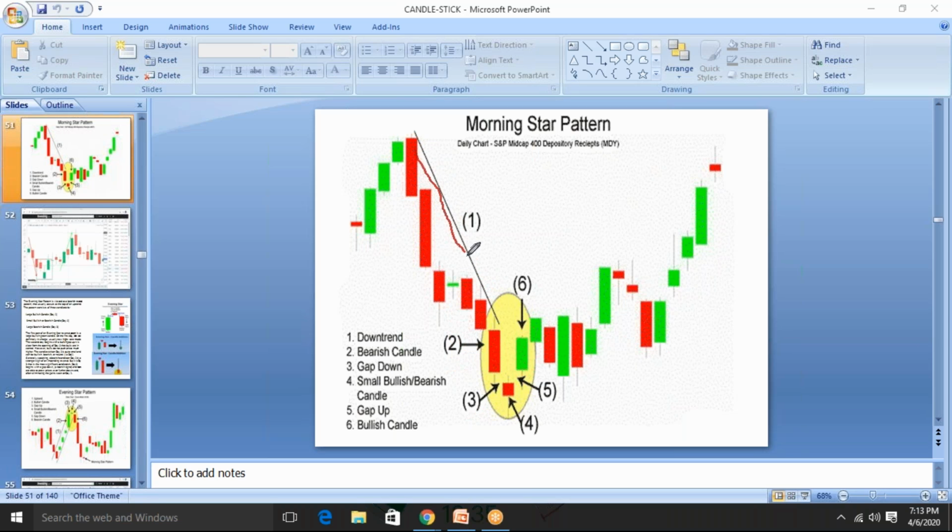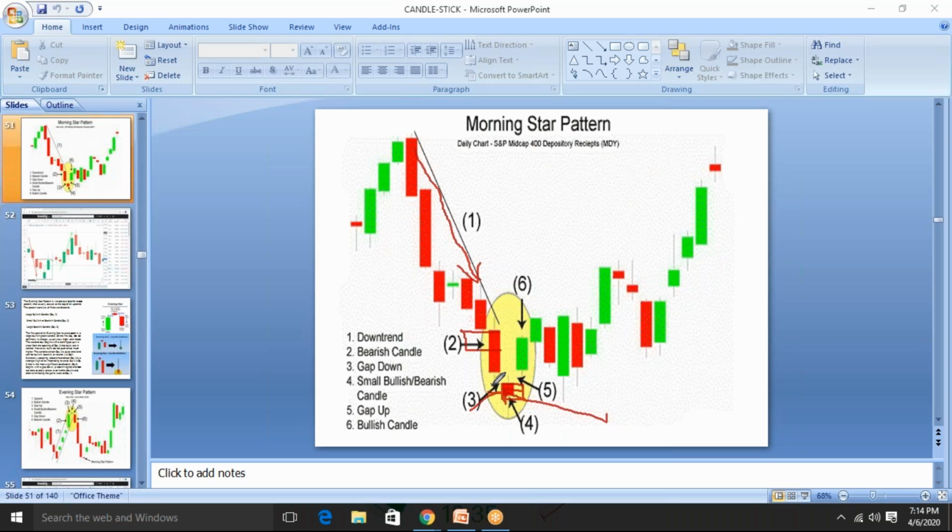There should be a downtrend in the market, first condition. Second condition, a bearish candle. Third condition, there should be one small candle. The color can be either green or red. Both are fine for this candle.